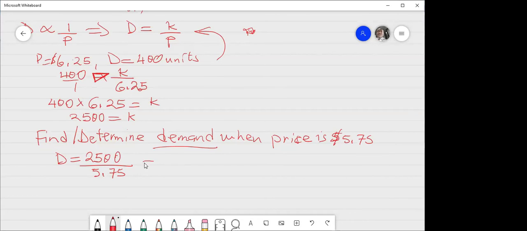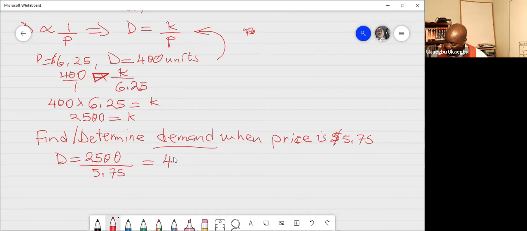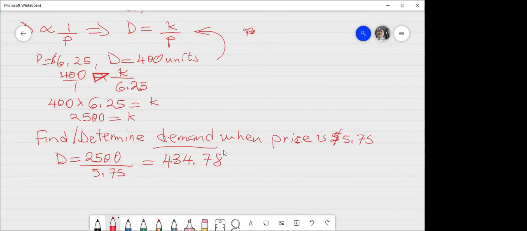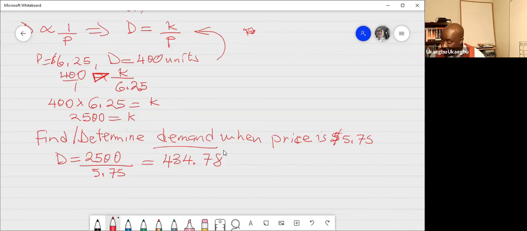It says 434.78. Okay, so you can say that approximately, the demand will be 434.5 units sold.